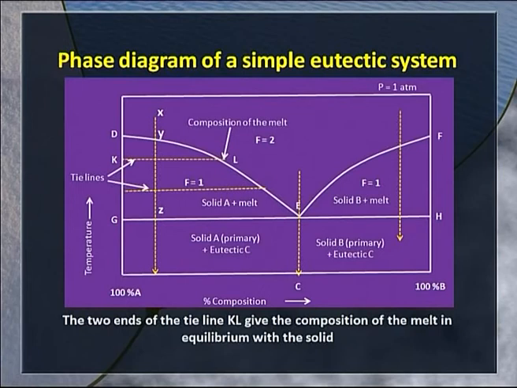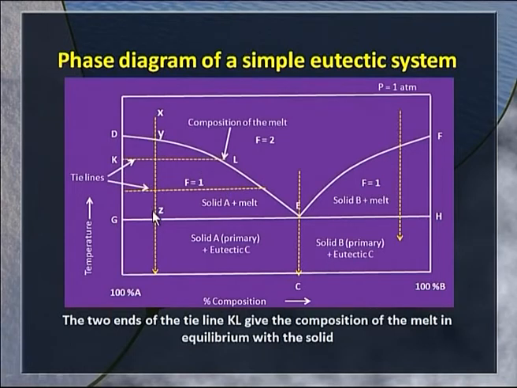From Y to Z, the solid A was separating and it had sufficient time to grow. The amount of A separated out from Y to Z is pure solid A. Similarly, from this point to this point on the right side, you have solid B separating out.